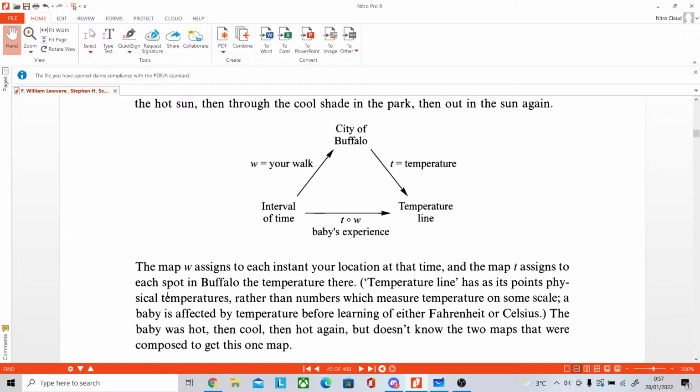Temperature line has at its points physical temperatures rather than numbers which measure temperature on some scale. A baby is affected by temperatures before learning of either Fahrenheit or Celsius. The baby was hot, then cool, then hot again, but doesn't know the two maps were composed to get this one map.